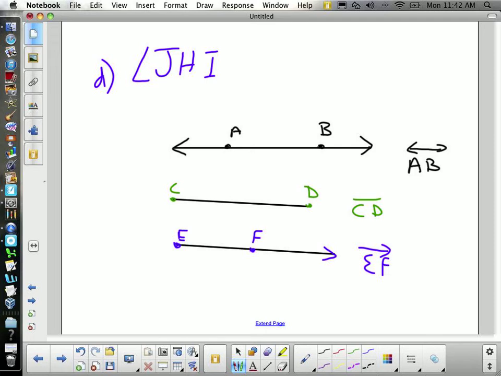I could not have switched a ray. Rays are directional. Rays are different. I can't switch it. I could have gone IHJ instead of JHI, or even just angle H. That would have been okay because there's only one angle H. But you have to use a symbol. If you don't use a symbol, it's wrong. Got it?